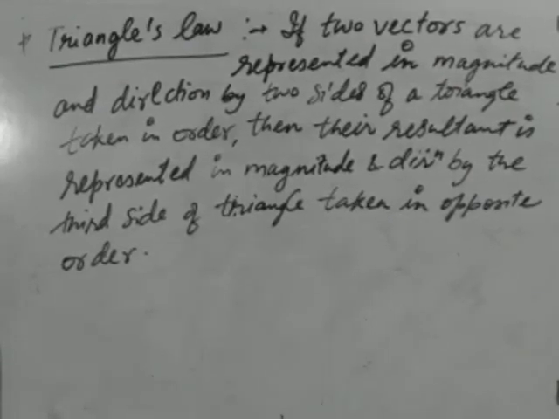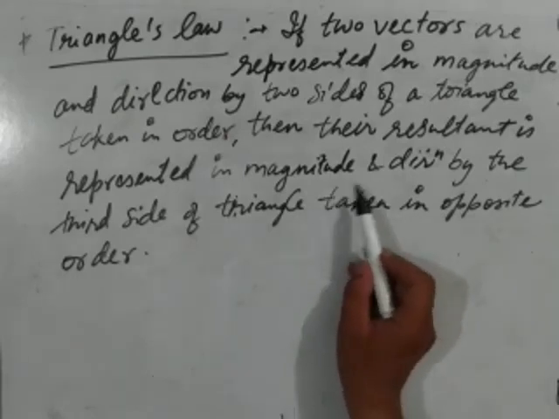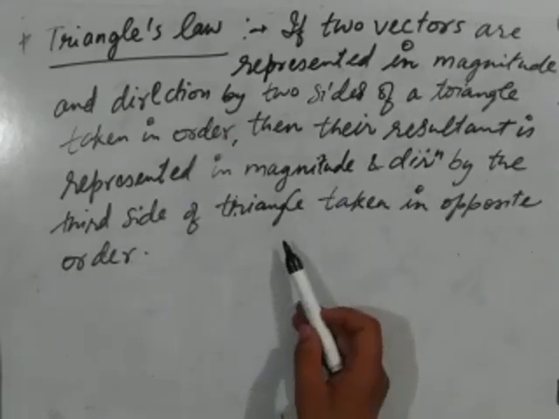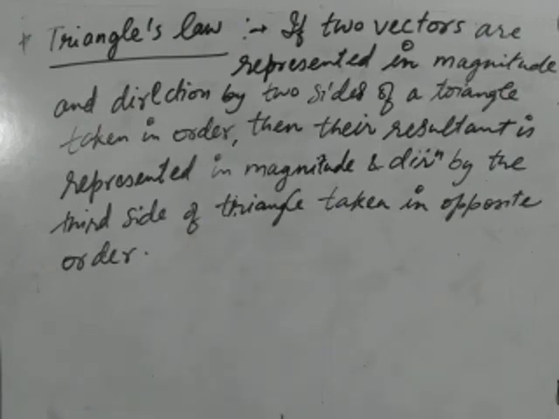Now we shall start triangle's law of vector addition. If two vectors are represented in magnitude and direction by the two sides of a triangle taken in order, then their resultant is represented in magnitude and direction by the third side of the triangle taken in opposite order.